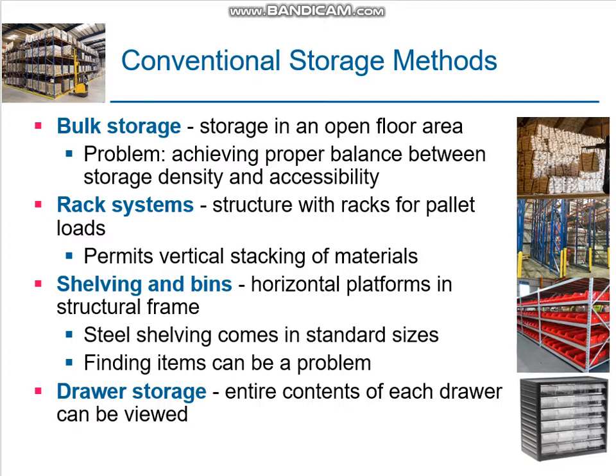Still, shelving comes in standard sizes, and finding an item can still be a bit problematic. The last one is drawer storage, where the entire content of each drawer can be viewed. However, this is normally limited by the size of the material that we are going to store.